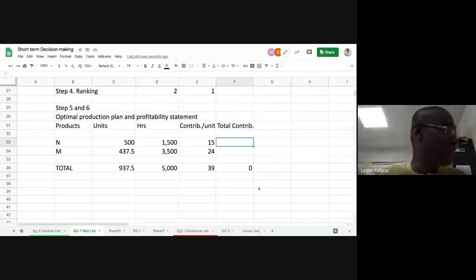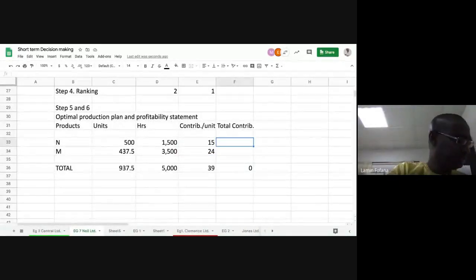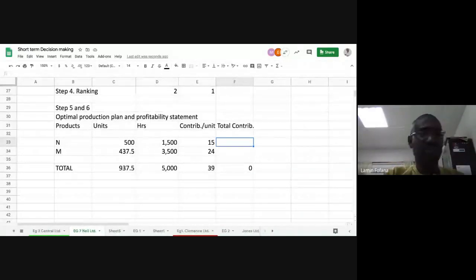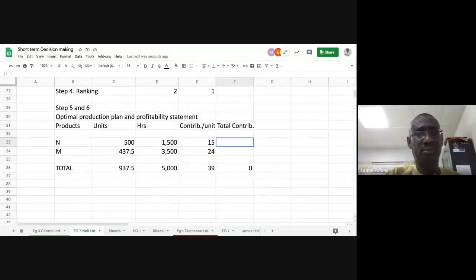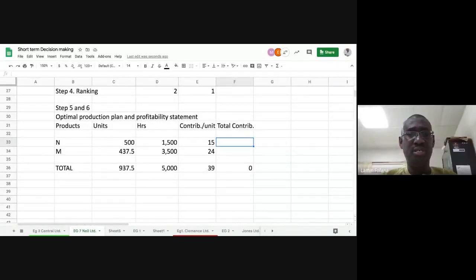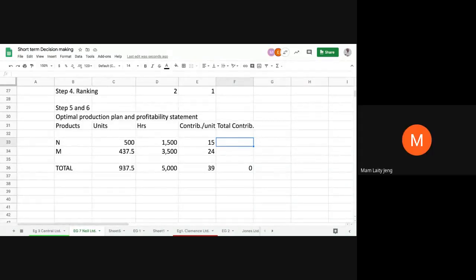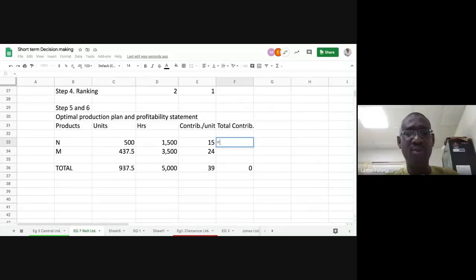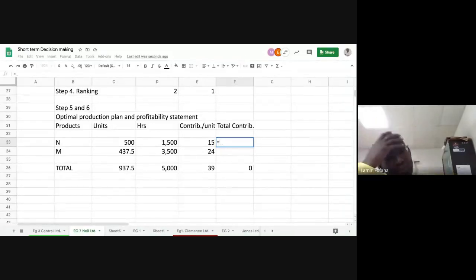Okay, so now that we've got our contribution per unit, we're going to calculate our total contribution. How do we calculate our total contribution? We multiply the units by the contribution per unit. Why are we not using the hours to multiply?